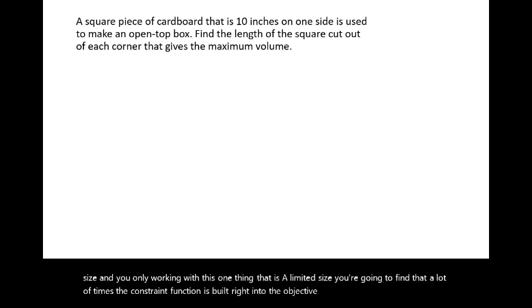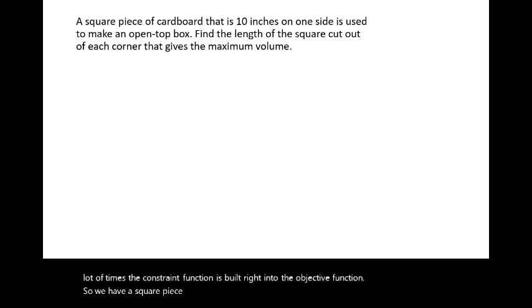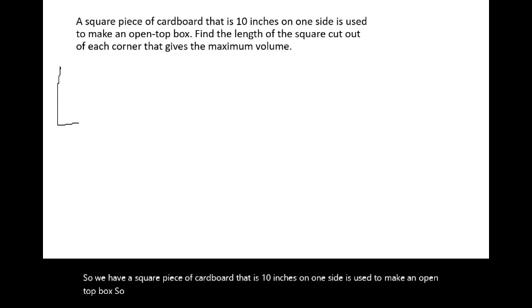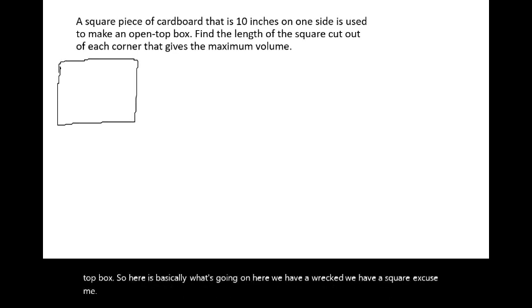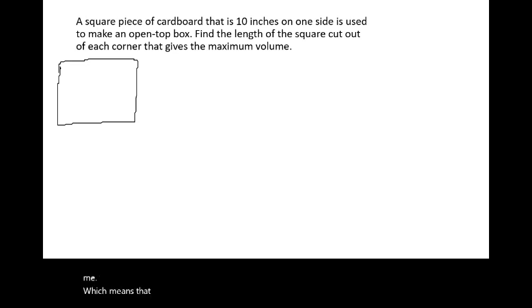So we have a square piece of cardboard that is 10 inches on one side is used to make an open top box. So here's basically what's going on here. We have a square, which means that each side is 10 inches long. So this side is 10 inches and this side is also 10 inches.